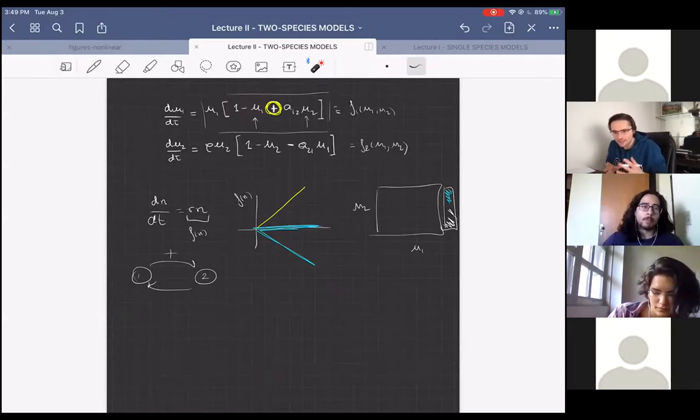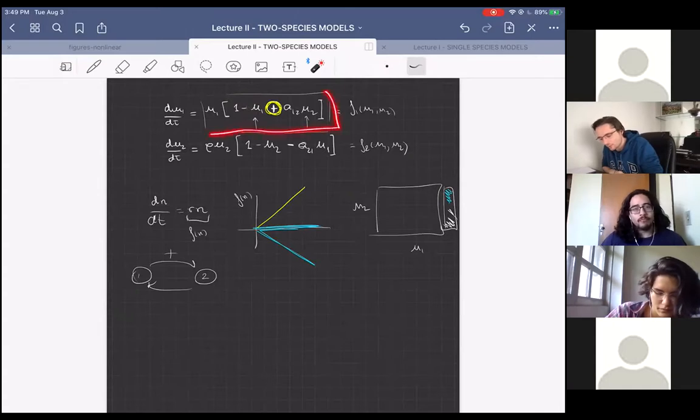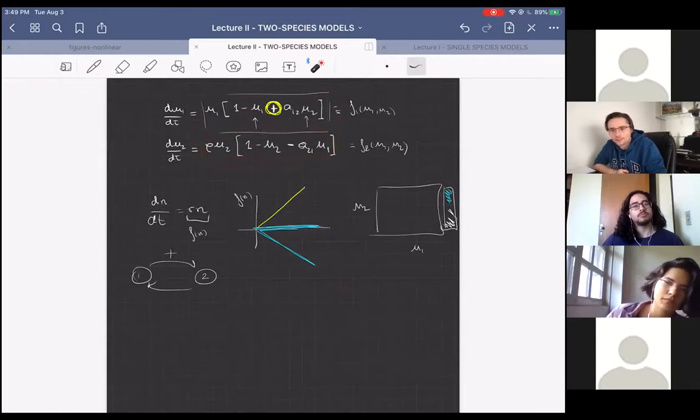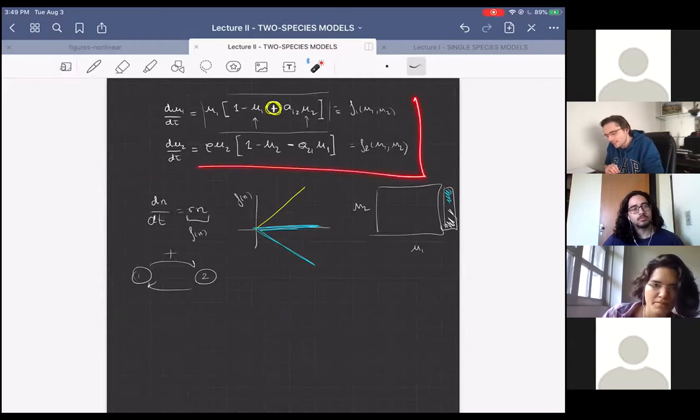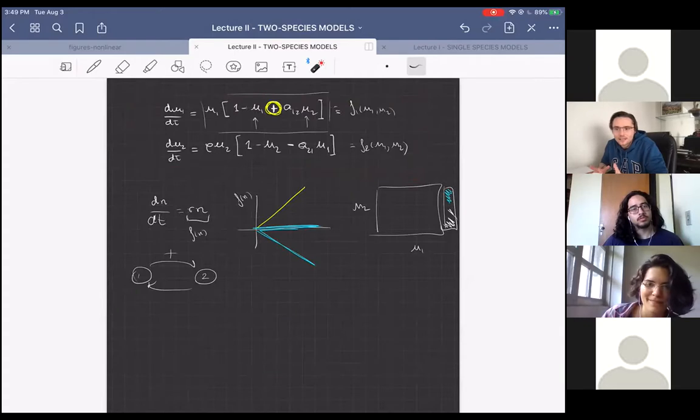But the general idea is that this is the growth rate of species 1, this is the growth rate of species 2, and if I want to account for other interactions that are not competition, the only thing is that the contribution of the species that is not a competitor has to be of the sign that it is in nature. That's the take-home message.